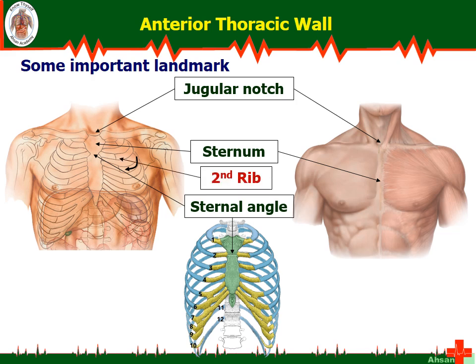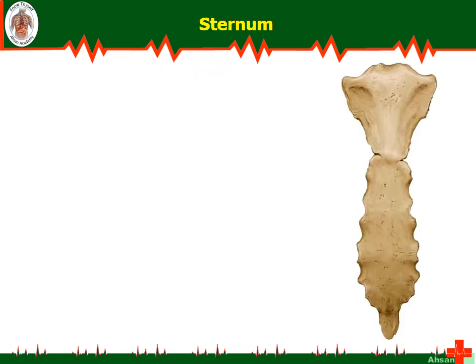Like this part, on the lateral side, the second rib with the costal cartilage remains articulated. With the help of this, we can count the ribs and identify the position of the different structures within the thorax or below.